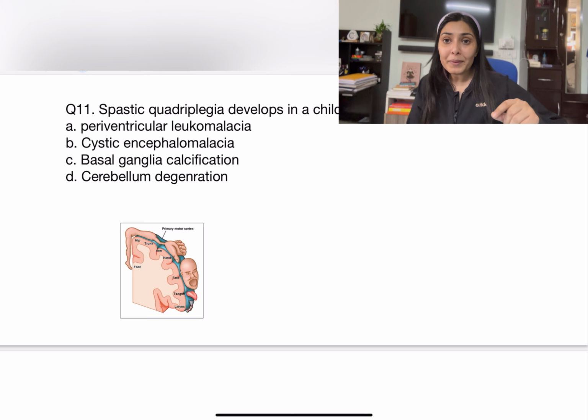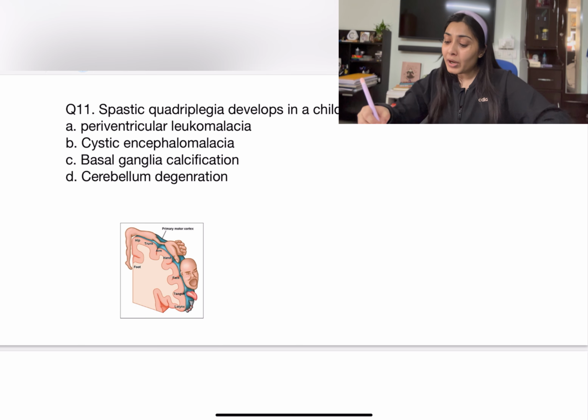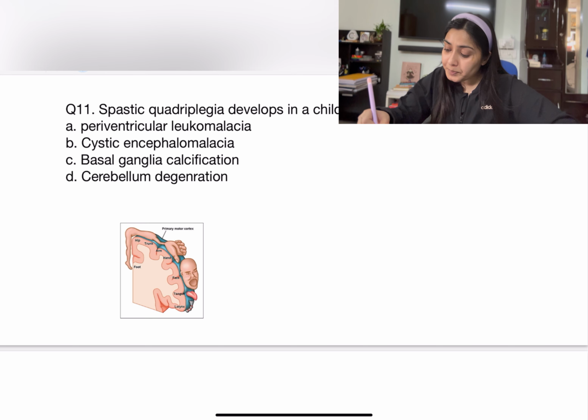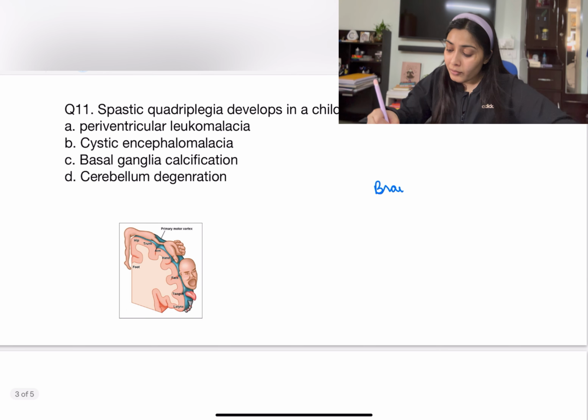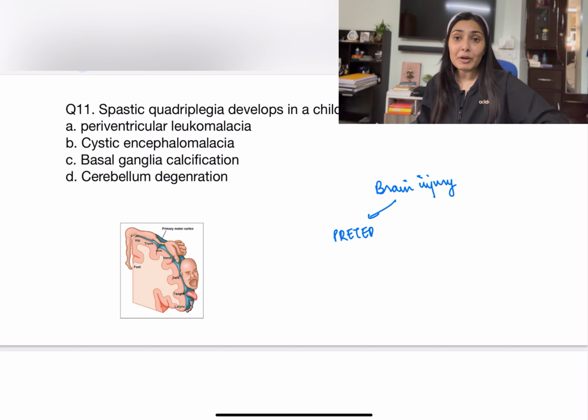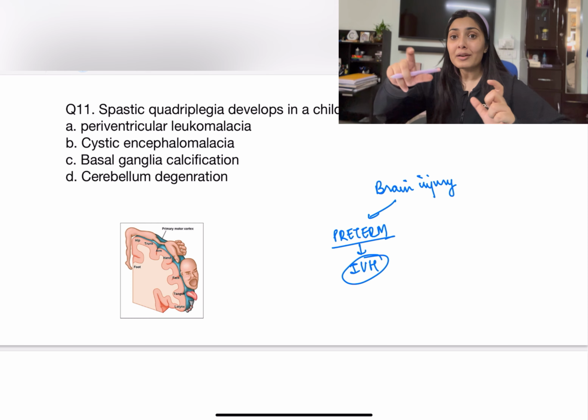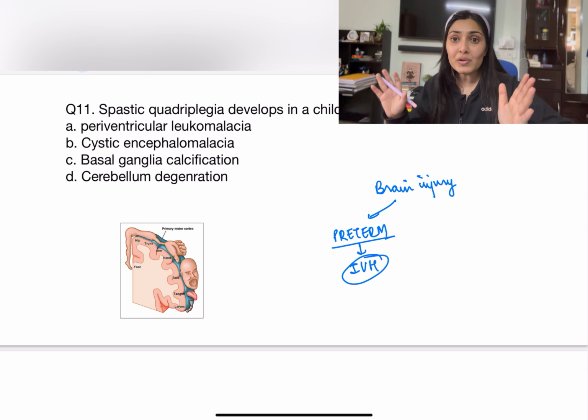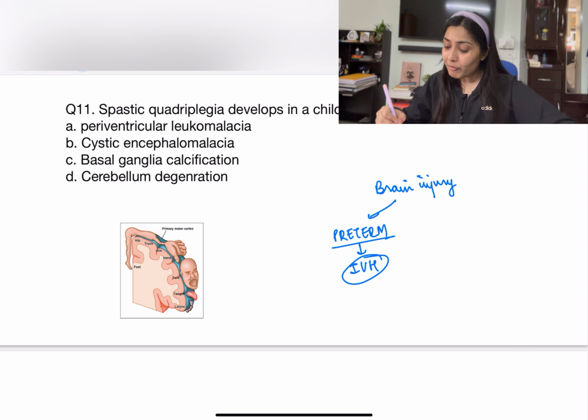If you talk about brain injury in the neonatal population, I can appreciate in preterm babies the primary brain injury is due to IVH, intraventricular hemorrhage, because of the presence of germinal matrix. So if intraventricular hemorrhage is there, there could be damage of the parenchyma surrounding the ventricles. So these children are going to have periventricular leukomalacia in the future, right?